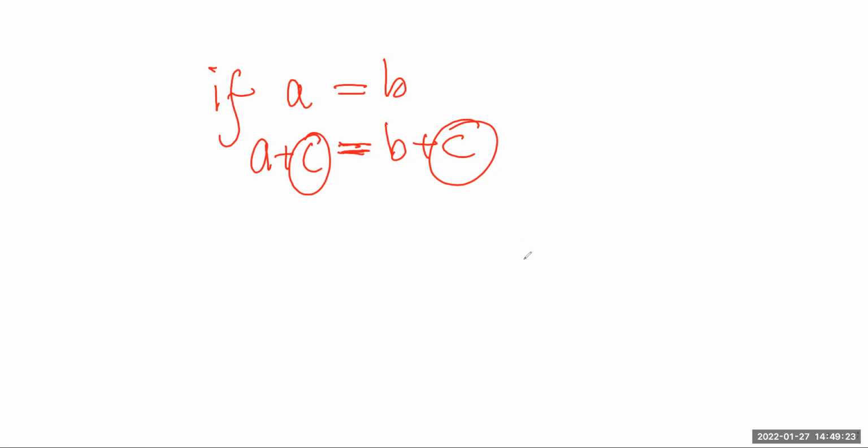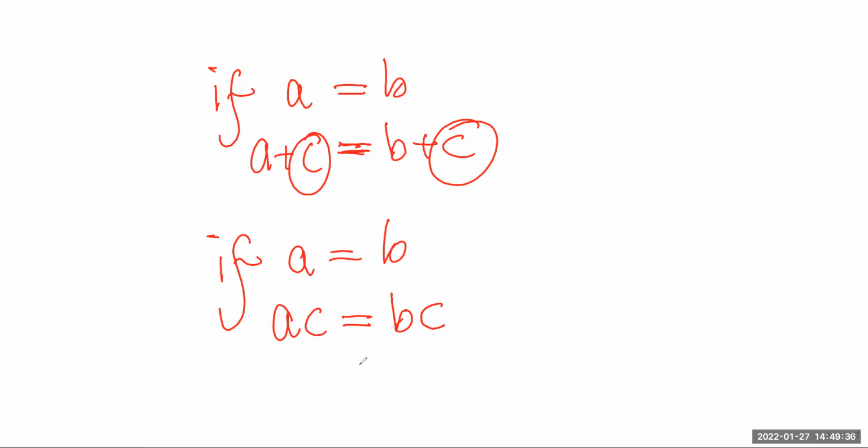The last one is: if A is equal to B, then A times a number equals B times that number. As long as you multiply the same thing on both sides, the equation is still true.